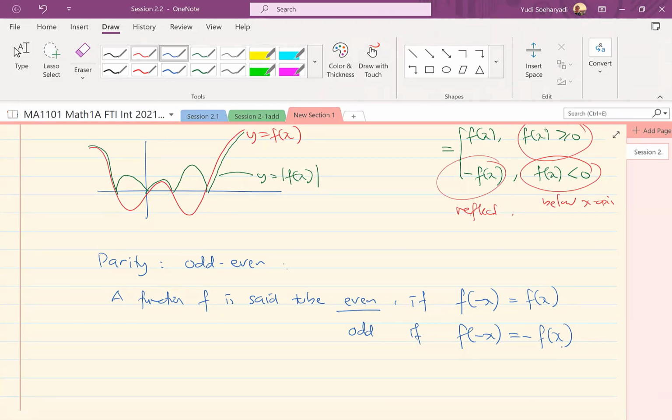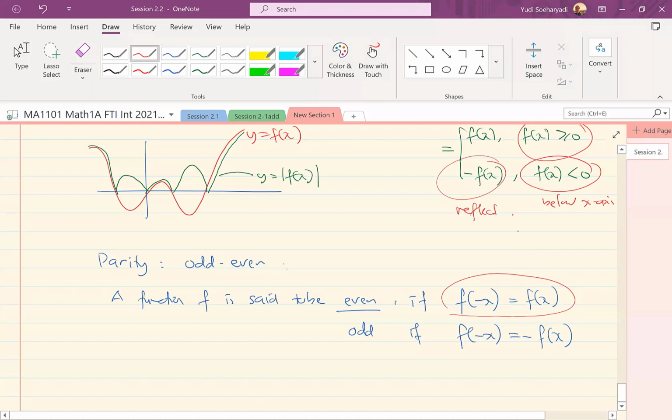So let's see here. What it tells you is that f of x is the same as f of negative x. So that means this is symmetric with respect to the y-axis.